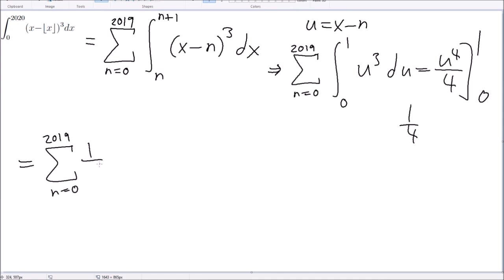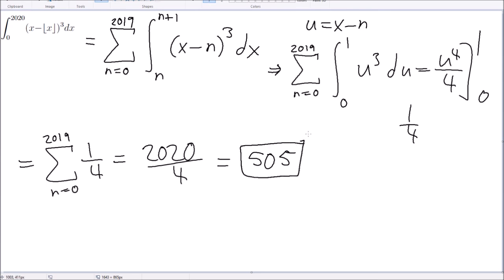So we have 1/4, and then plug in 0, that's 1/4, all the way to 2019. So technically we have 2020 divided by 4, because we're using 2020 terms times 1/4. So the answer is 505. That is our answer for this integral.